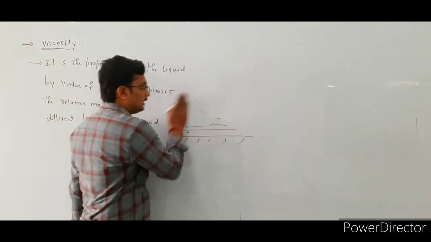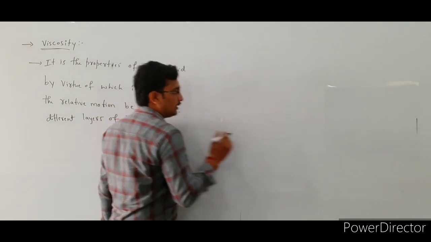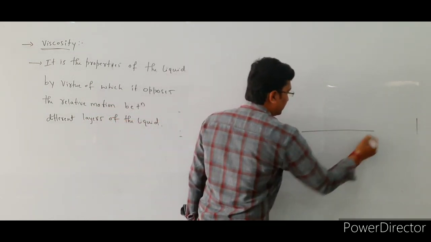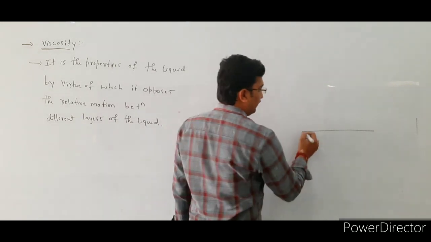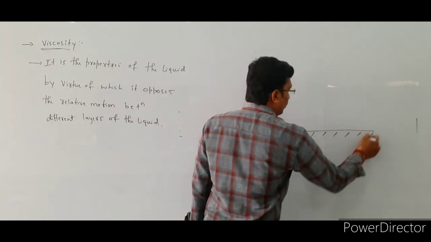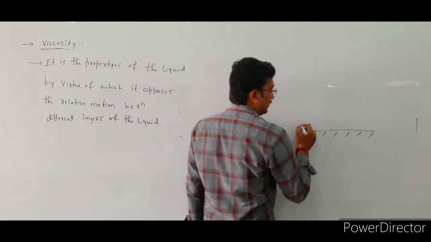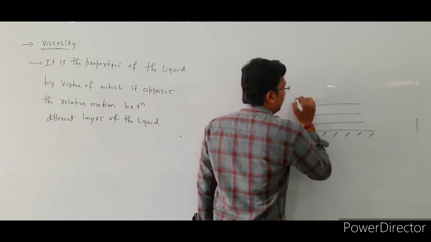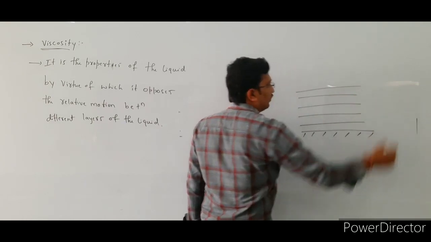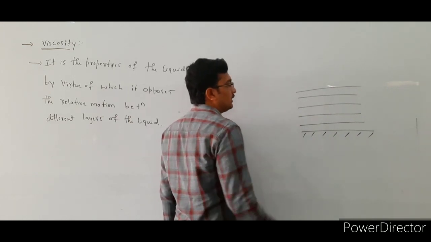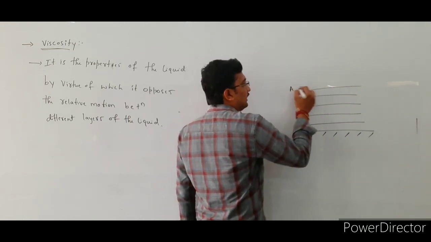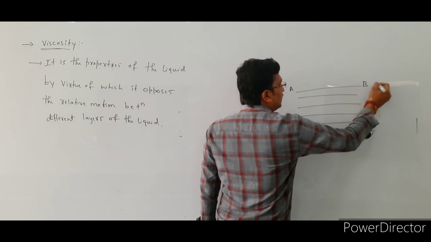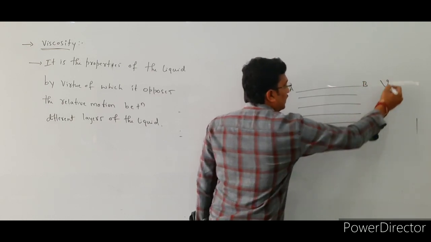Consider this is the horizontal surface. A liquid flows on a horizontal surface in the form of different layers. These are the different layers of the liquid, and we consider two layers. The first layer is AB, moving with a speed V plus dV.